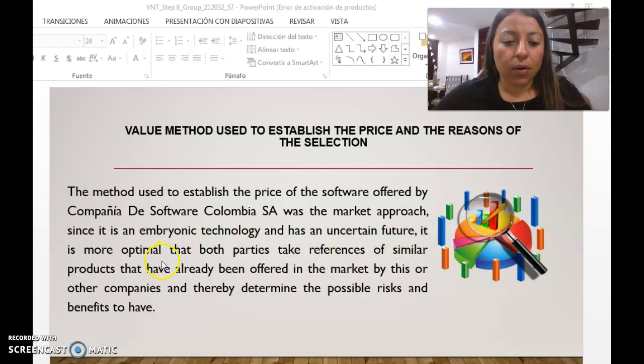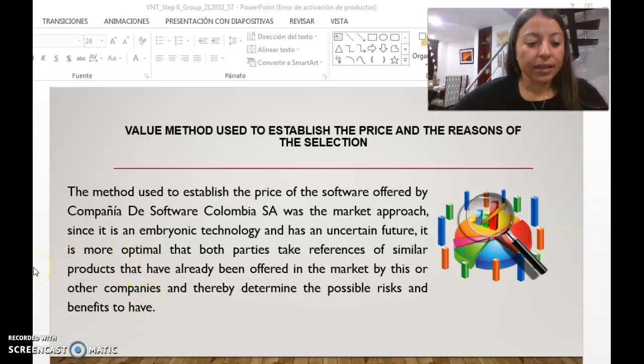It is more optimal that both parties take as reference similar products that have already been offered in the market by these or other companies, and thereby determine the possible risks and benefits to have.